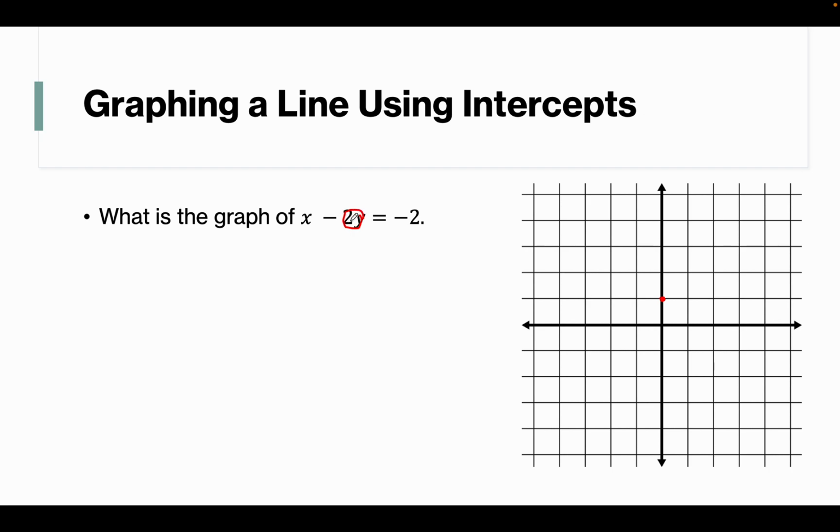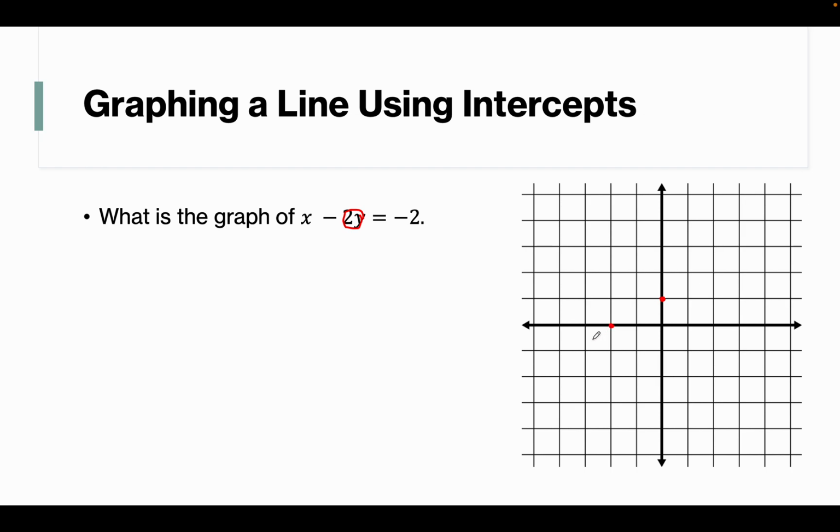If I take away 0, I don't have to even do any solving. I have x equals negative 2. So then I find my negative 2 at the x line, and I don't go up any because my y is 0. So there you go.